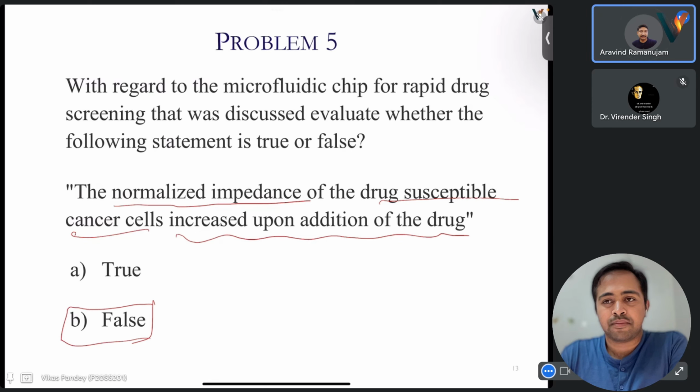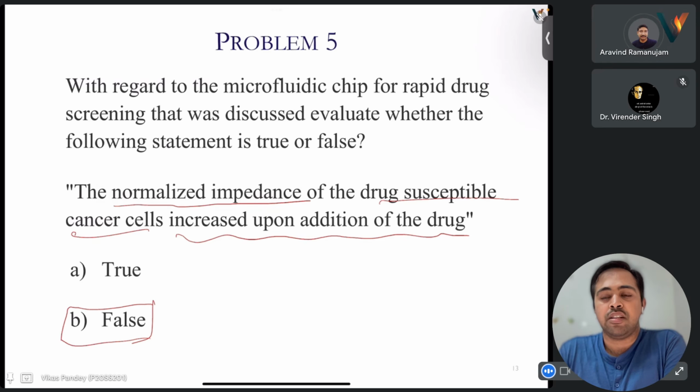Upon addition of the drug, more cancer cells will be dead or reduced. The conductivity will increase, and impedance will be less. But why does this conductivity change? What is the factor that plays the role?